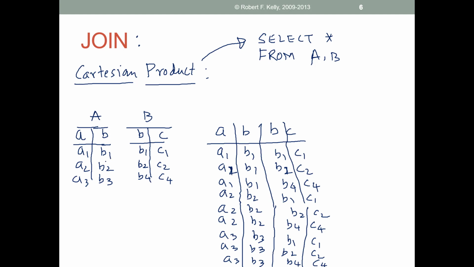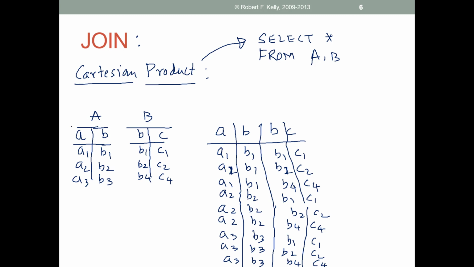So I should only be interested in generating this combination because the value of the b attribute is matching, and then this one because here also the b value is matching between the tuples of table a and table b. And this I should not generate, because here b3 does not match with any tuple in table b, and similarly b4 in table b does not match with any tuple in table a in terms of the attribute b.